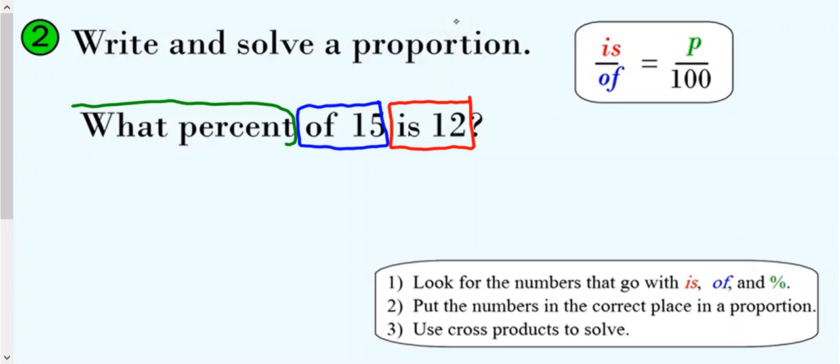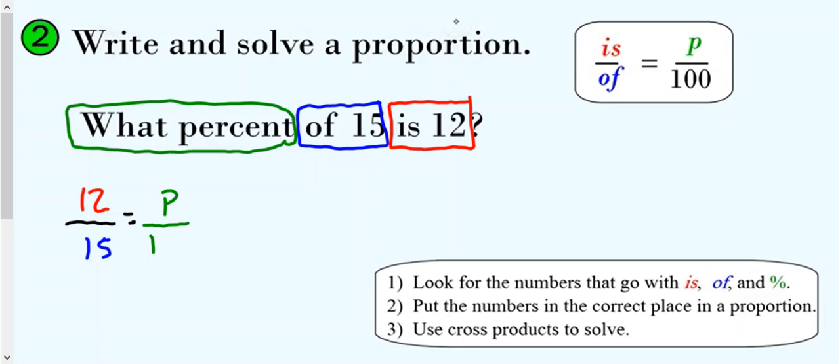So we're looking for the percent. All right, so now as we set this up, we're going to get 12 over 15 equals p over 100.